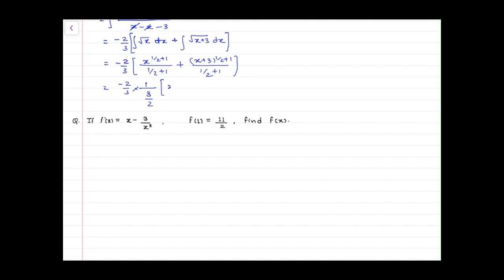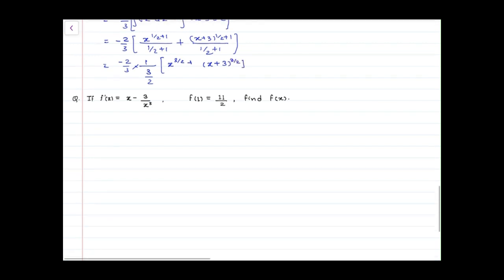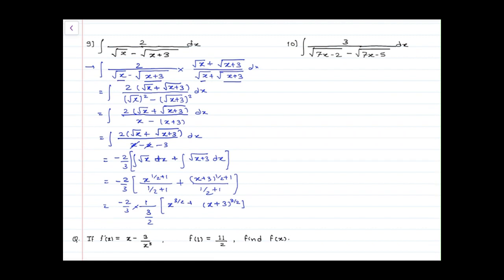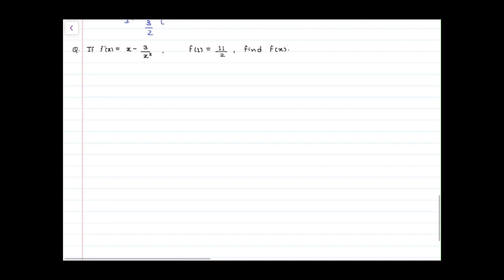And in the second term as well we have a similar thing. So I took the 3 by 2 as common. So in the bracket I will remain with x raised to 3 by 2 plus x plus 3 raised to 3 by 2. You can further simplify the coefficient of the bracket. You get something like minus 4 by 9. You can solve it as well, right? You can keep this much as well. If you keep this much, that is also fine. The last question was similar to this, so we'll move to the next question directly.